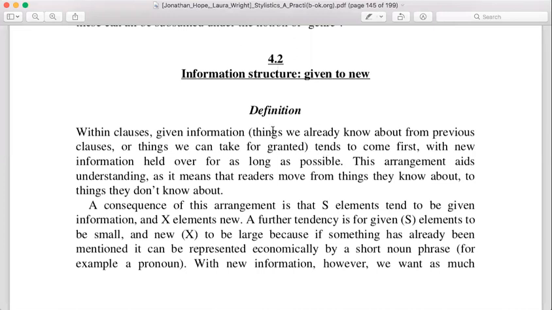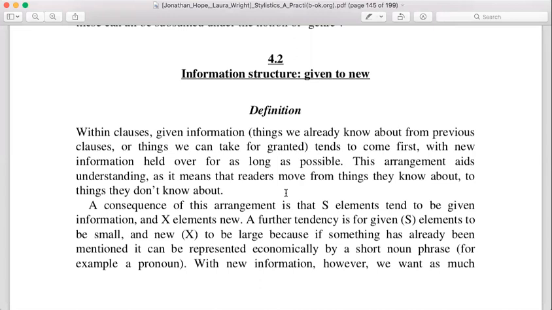Okay, guys. So we are talking about the information structure in relation to coherence, and I have already told you that the information structure of any text is based on two kinds of information. One is called given and the other is called new, and these are connected logically.